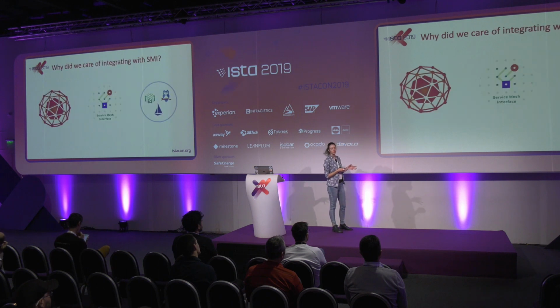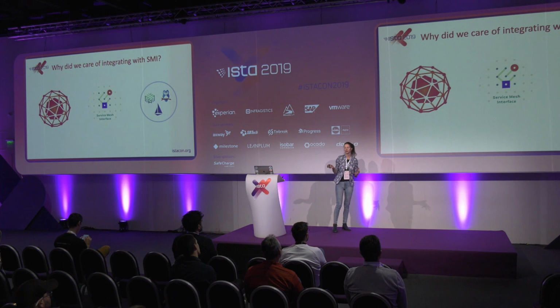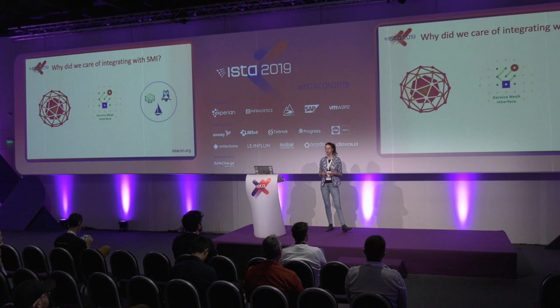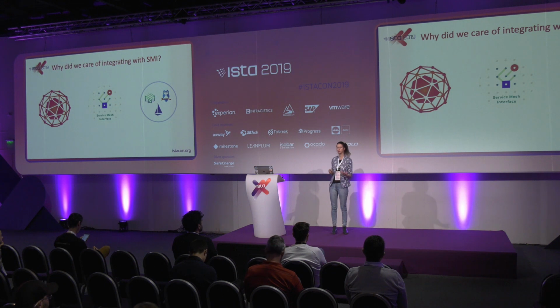And why we wanted to integrate with the service mesh interface, given that we are very different from the others. It's also called service mesh because it's an abstraction layer, but actually it's very different. But we had two main reasons. The first is that we still want to be considered a service mesh, and we want to be compatible.